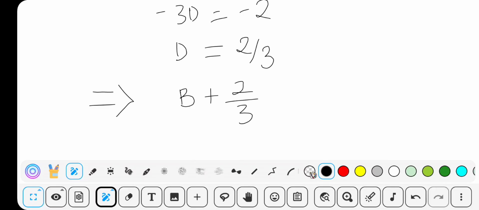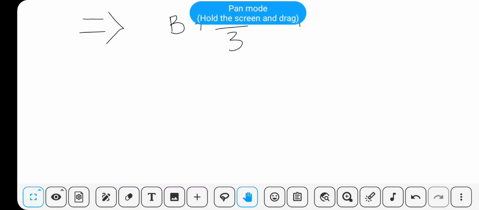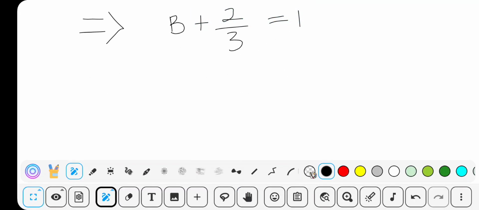This is the value of d. b plus d is equal to 1, if you remember. So now b plus 2 over 3 is equal to 1. b is equal to 1 minus 2 over 3, which is equal to 1 over 3.